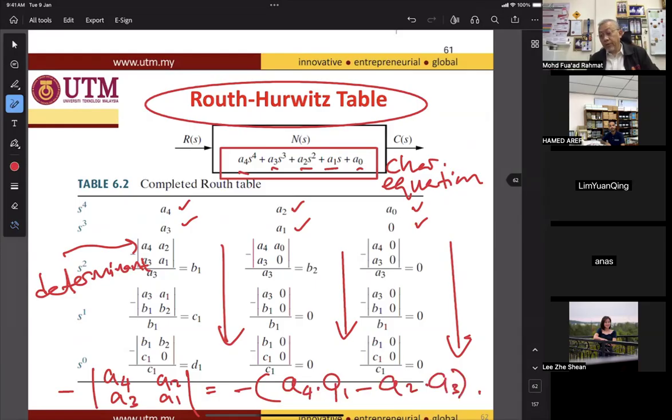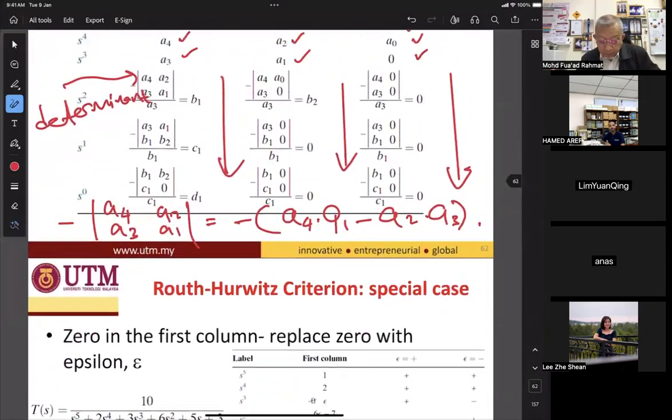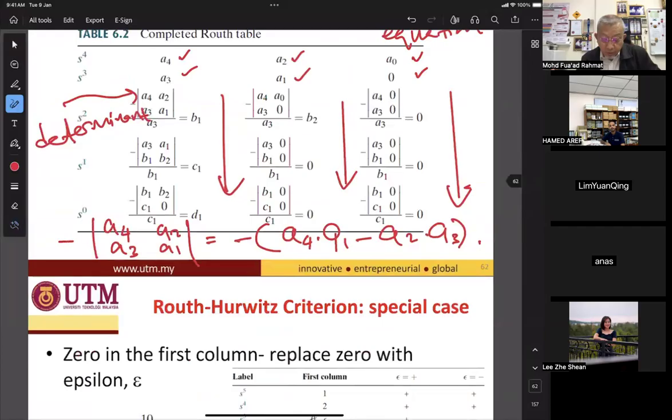So find the product of the cross multiply, and that will be B1, then B2, then C1, then B1.